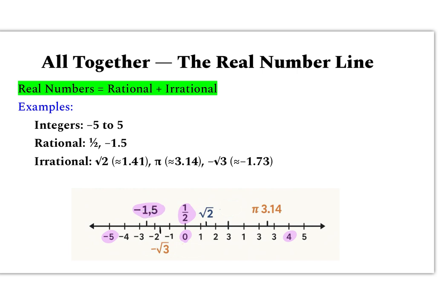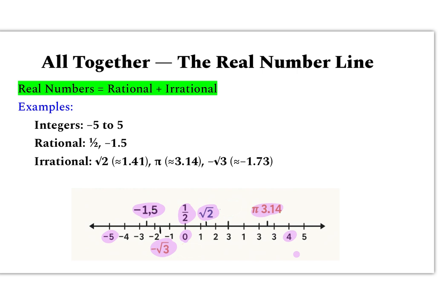And you will also find square root of 2, which is approximately 1.41, pi, which is 3.14, and negative square root of 3, which is approximately -1.73. Every single one of these numbers fits perfectly somewhere on the line. And as you can see, irrational numbers are approximations of where they will fit.